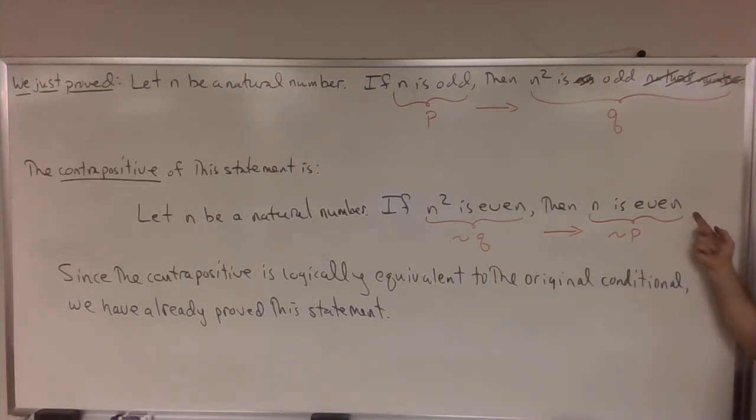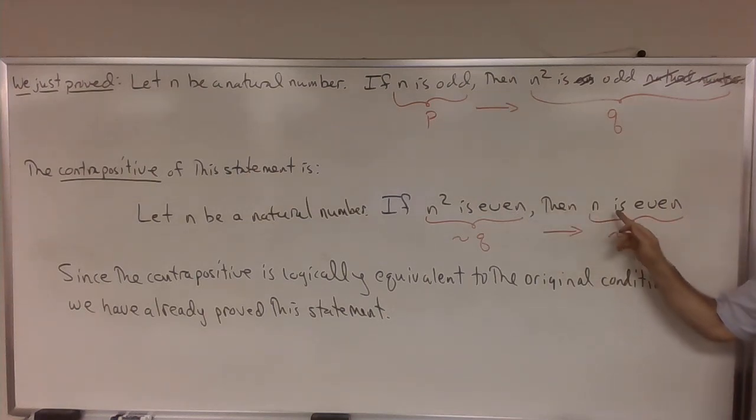So we've already proved this statement. If n squared is even, then n is even also.